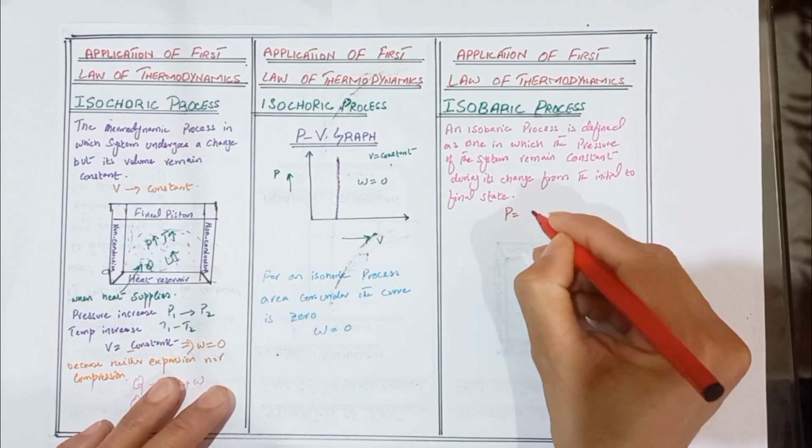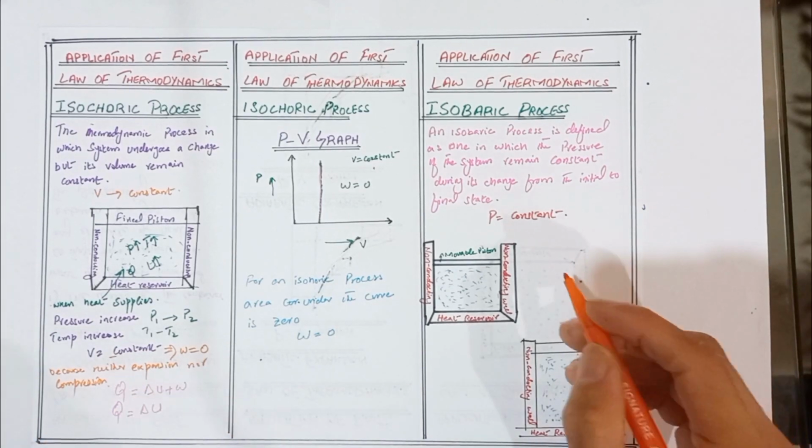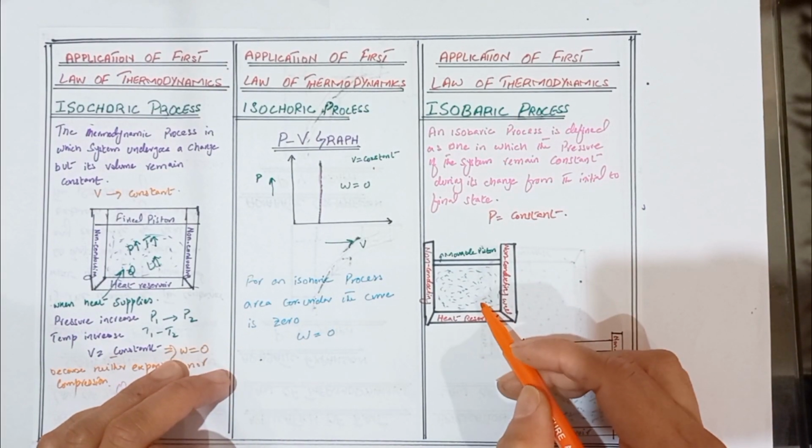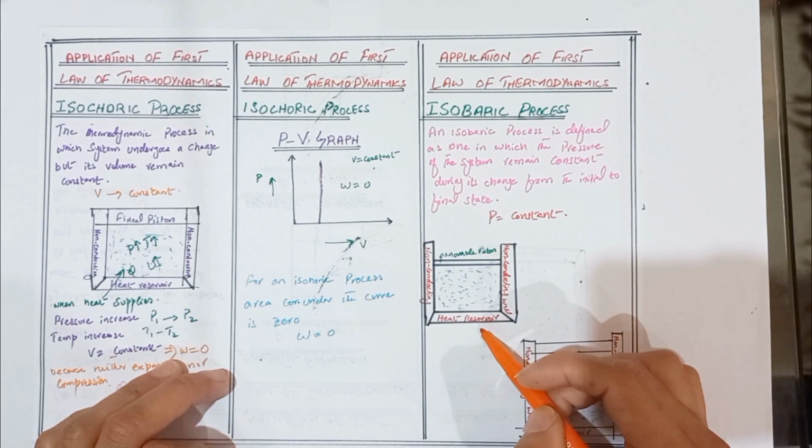In this case, pressure is constant. To understand the isobaric process, here we take the container which consists of an ideal gas, which has non-conducting walls and a conducting base that consists of a heater wire.